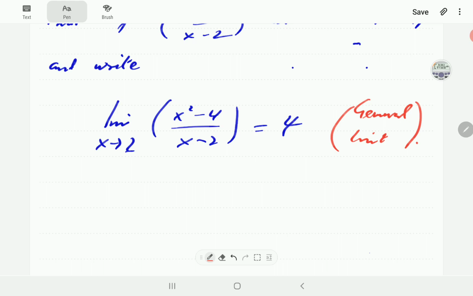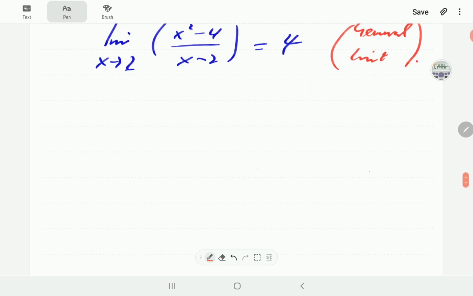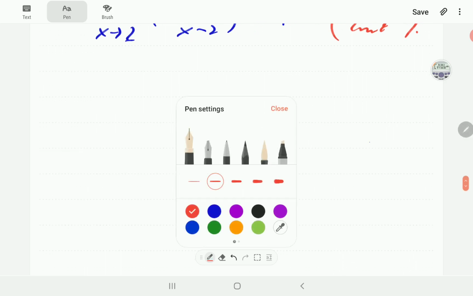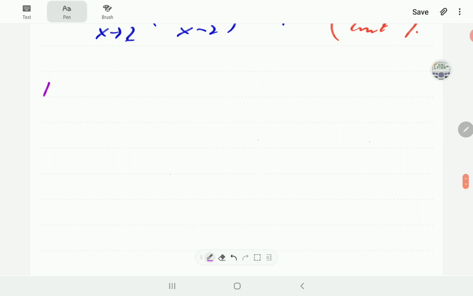So before we look at some examples, we are going to make a definition. So let's make a definition. Okay, so the definition goes as follows.